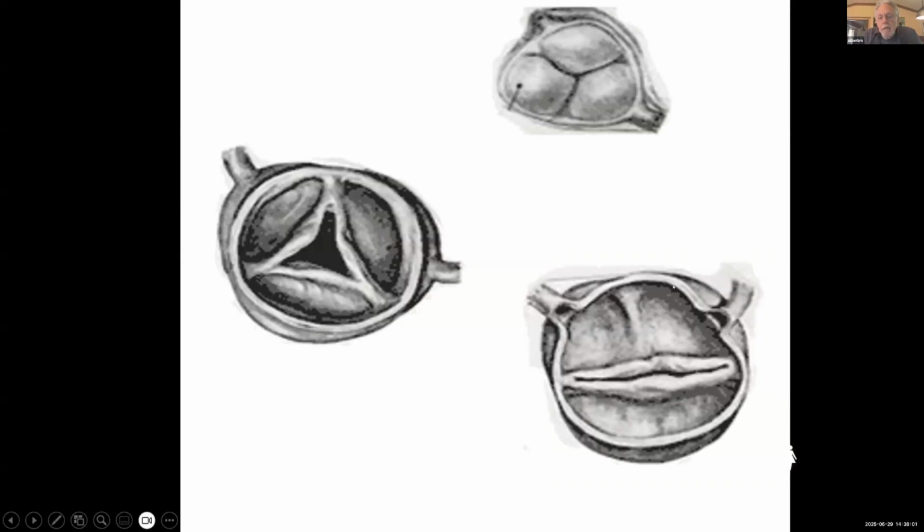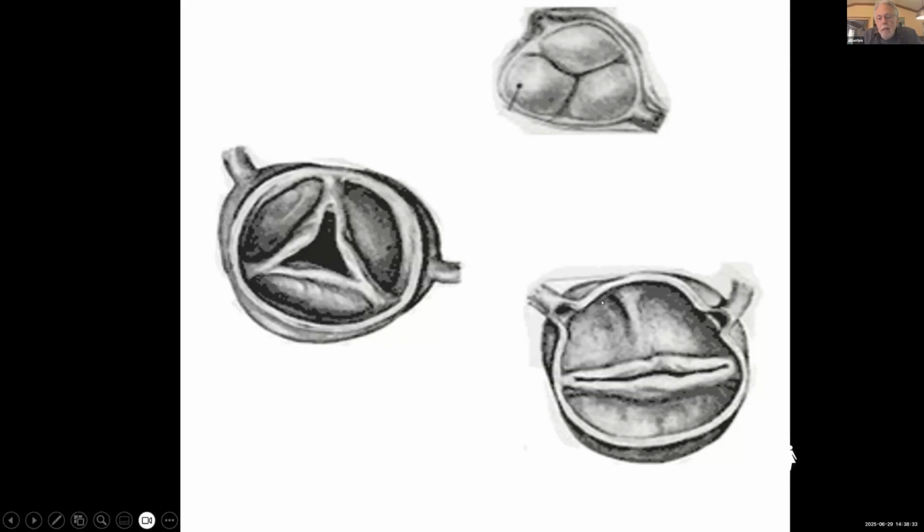And down here we have a typical bicuspid aortic valve, which we often call the left-right fusion type. But the thing I want to point out, which people don't pay much attention to, is the asymmetry of the aortic sinuses, this housing that surrounds the valve. This is quite typical of bicuspid aortic valve, with two small sinuses and one large sinus, even though there are only two functional leaflets.